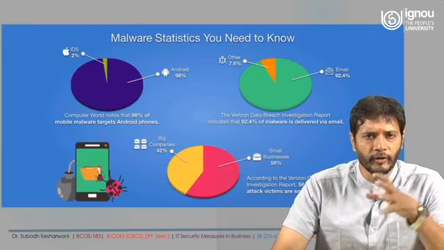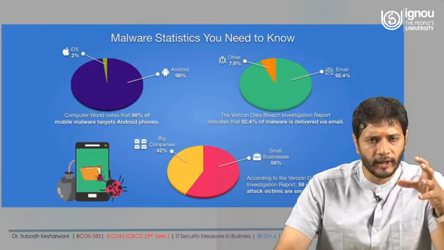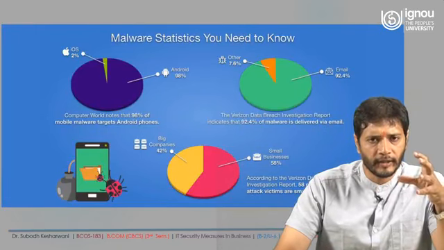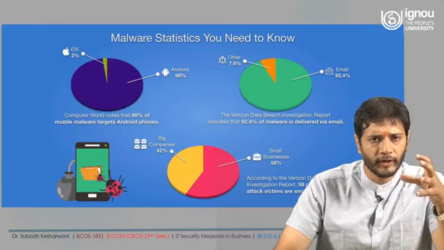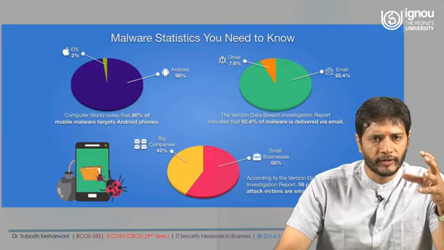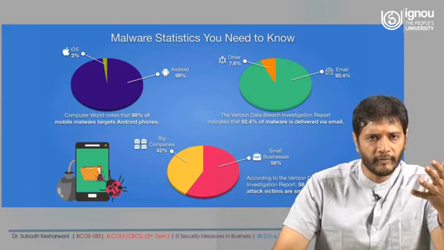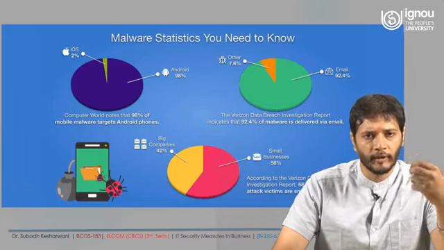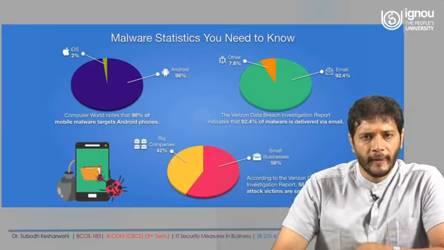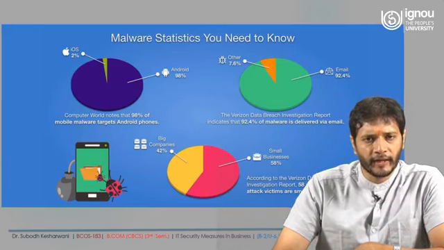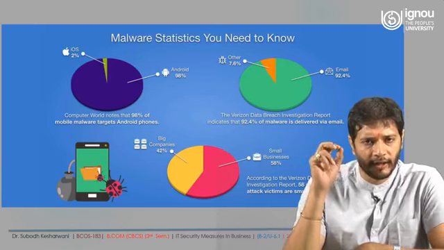This is the malware statistics. If you see this particular pie chart, you will see that Android phones have somewhat more chance of being malware targets, because they are massively used by a huge number of users. And if you talk about companies, it's not that only big companies are affected, small businesses are also going to be affected.